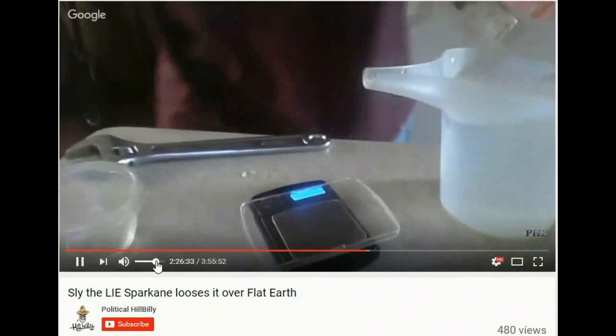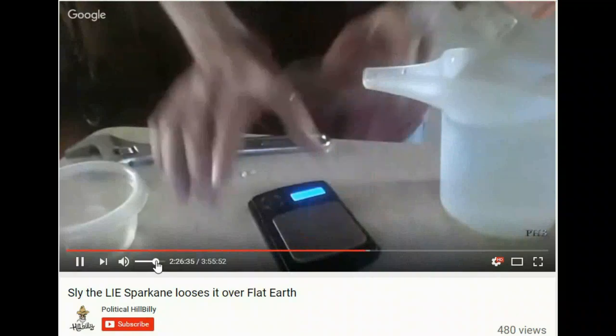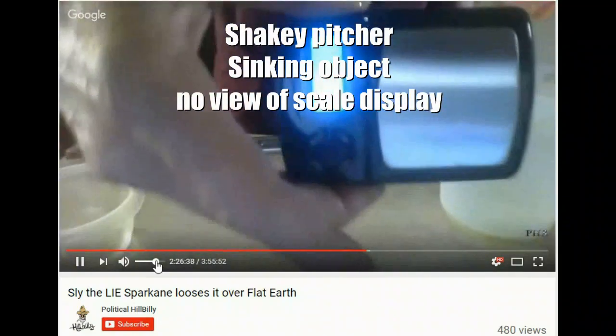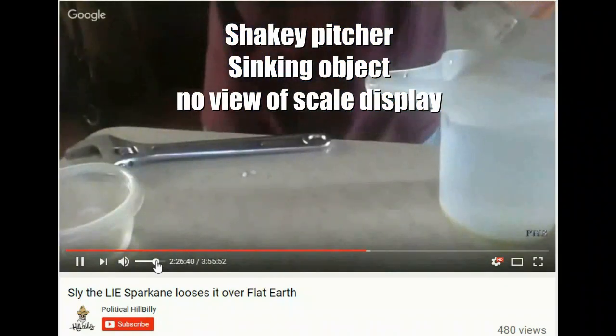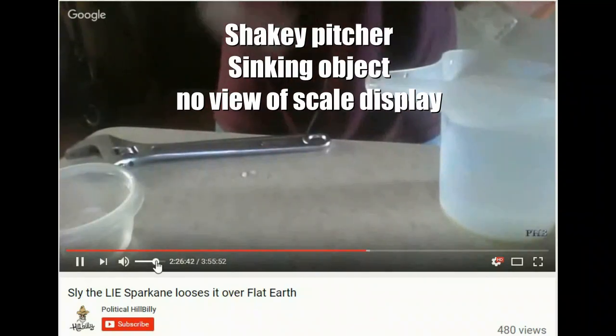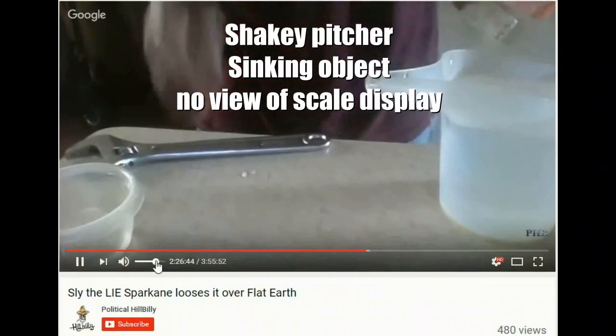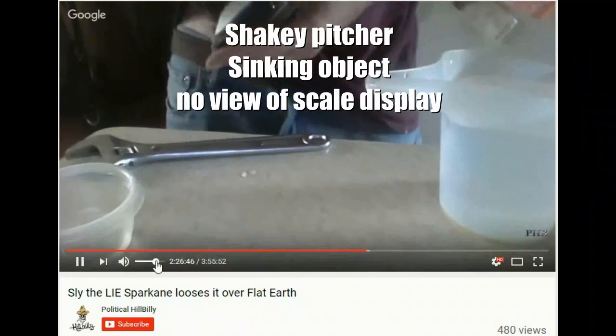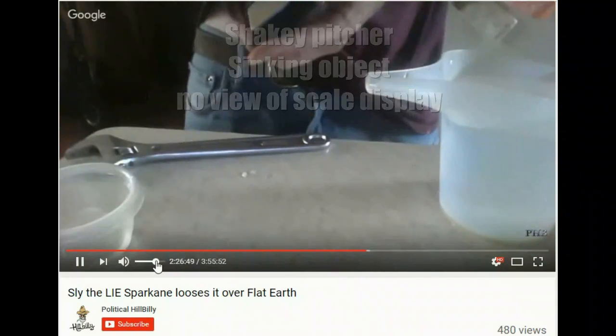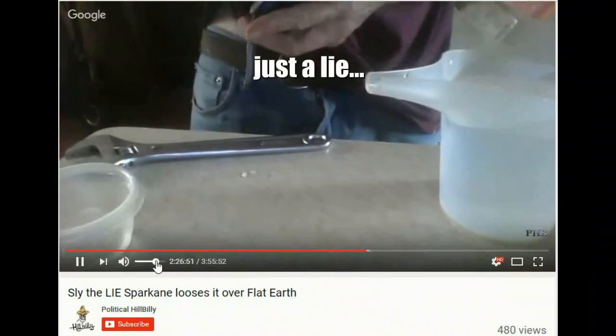But it's repeatable. It is repeatable. The scales don't lie. Now make sure I didn't get any water on there. I won't be able to sell any herb.